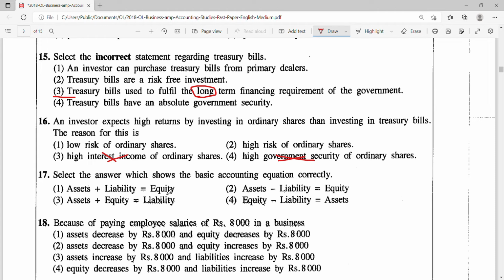Now here investor expects high return by investing in ordinary shares than investing in treasury bills. We know that treasury bills are a risk-free investment. So they would want a high return in ordinary shares because ordinary shares have high risk. So answer is answer 2.